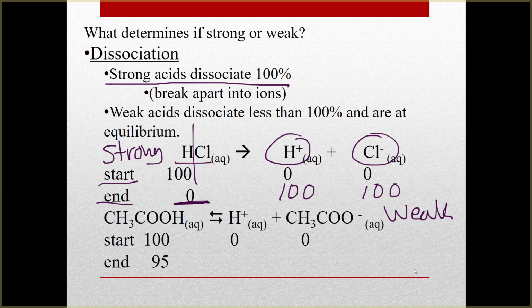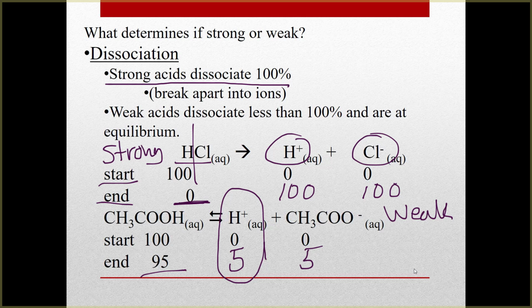So look at my weak acid. If I start out with 100 molecules of this, by the end, look, I only have like maybe 5 fall apart. So that means I would have 5 of this ion formed and 5 of this ion formed. So what makes a weak acid weak? It still has some hydrogen ion, but not a lot as compared to the strong acid.